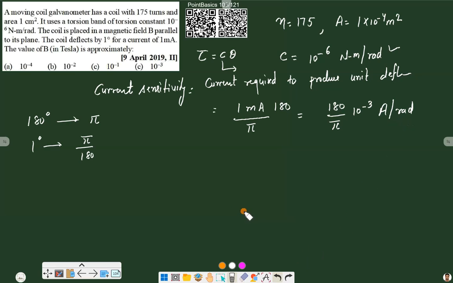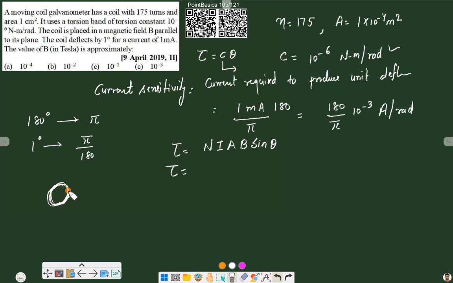Now we know in case of a galvanometer, torque required for rotation is equal to N I A B sine theta, where N is the number of turns in the coil, I is the current, A is the area, and B is the magnetic field. In case of a galvanometer, we simply have a coil with N number of turns.